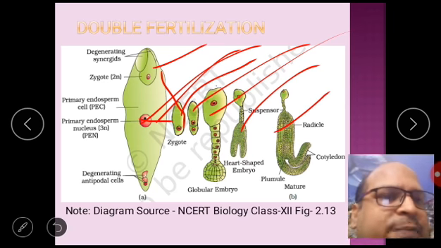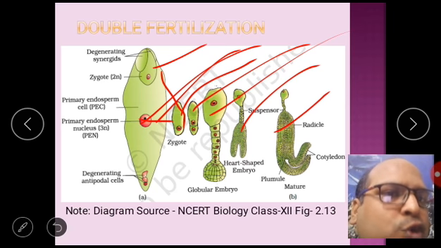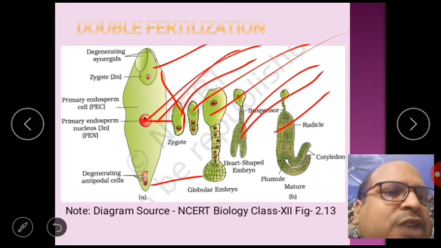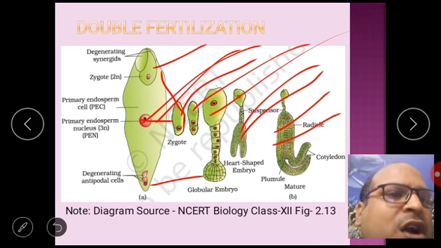So here you see one-celled to two-celled, then two-celled to such type of globular embryo will be found, and then such type of heart-shaped embryo will be found, and then such type of mature cotyledon-shaped embryo will be formed.